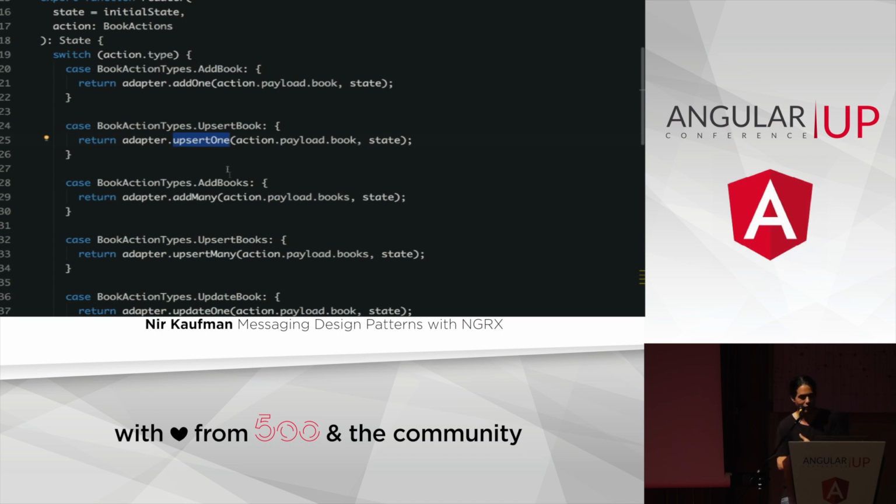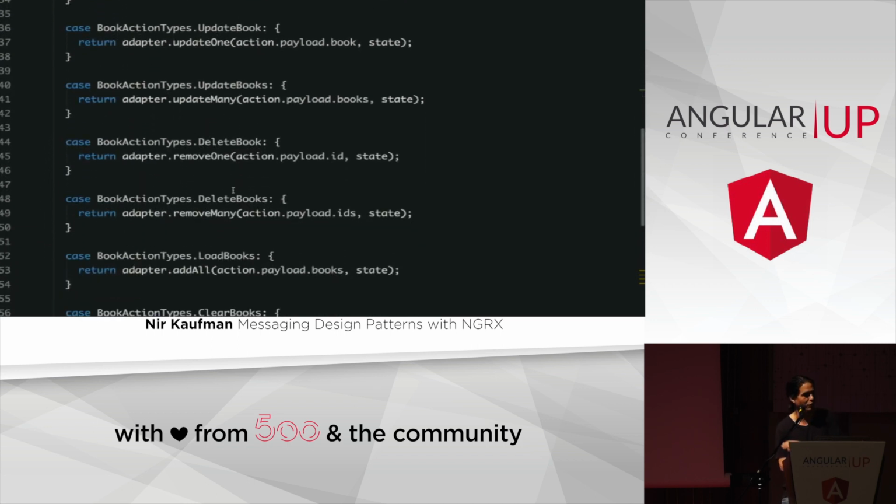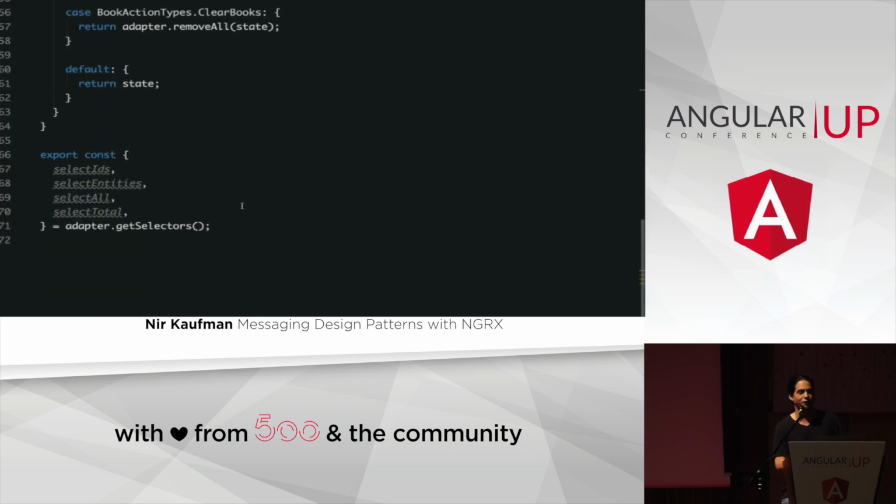So we've got everything out of the box. The reducer is completely implemented. And this is the fun part. Straight from this entity adapter, you've got default selectors that you can extract. So I can read this collection out of the box.